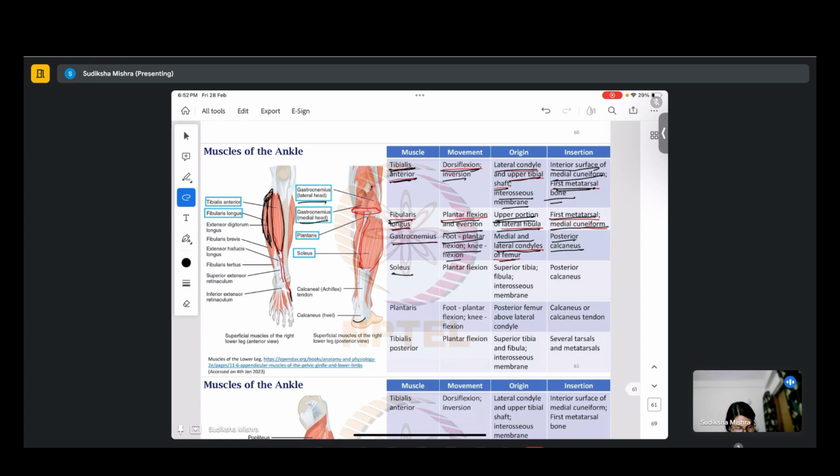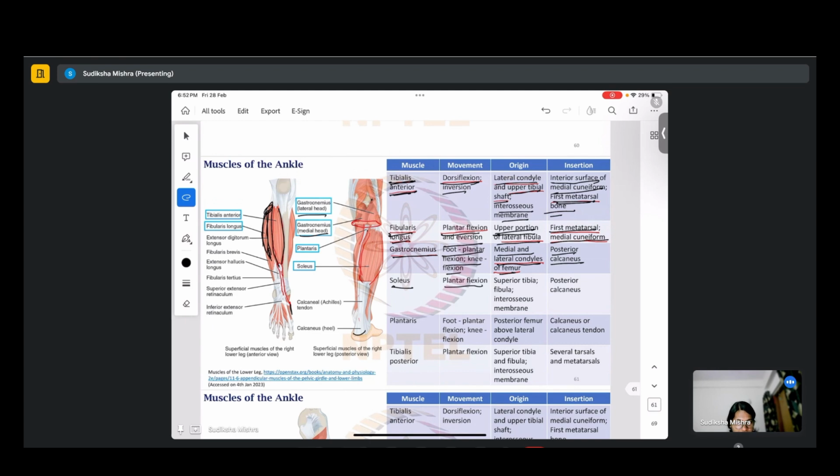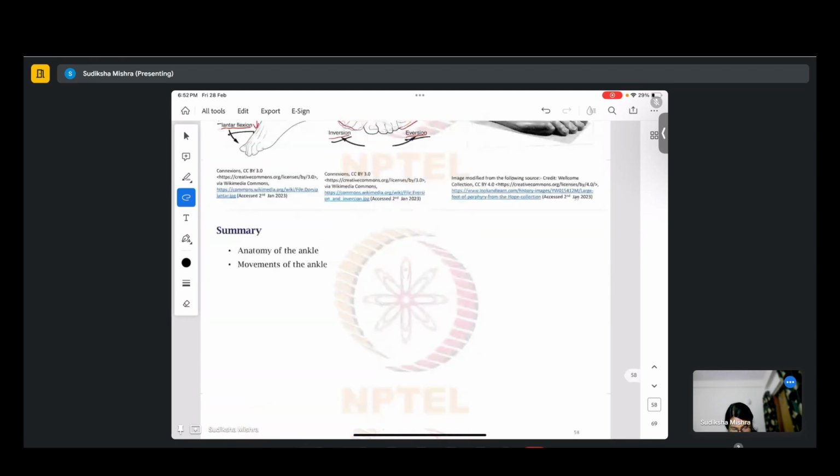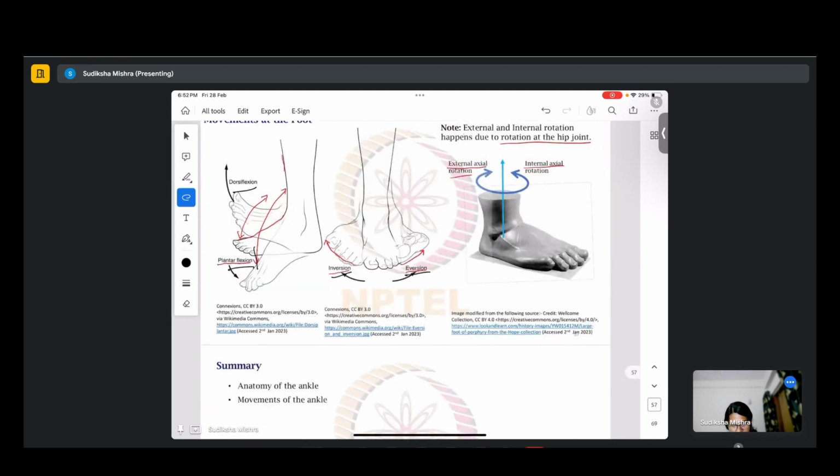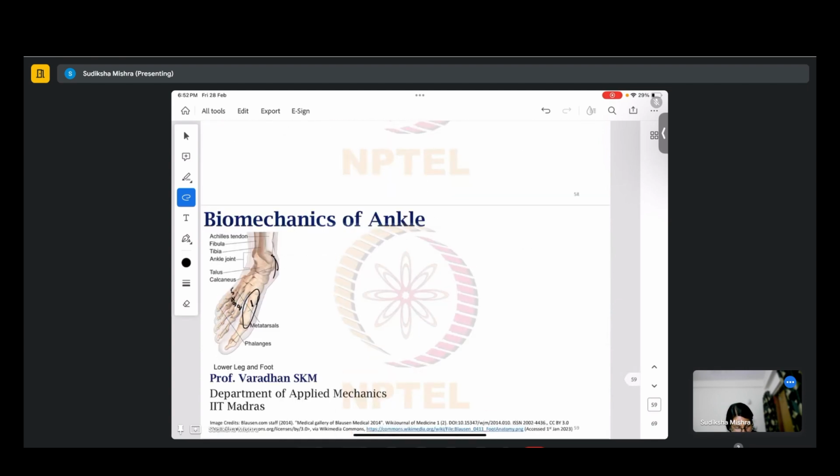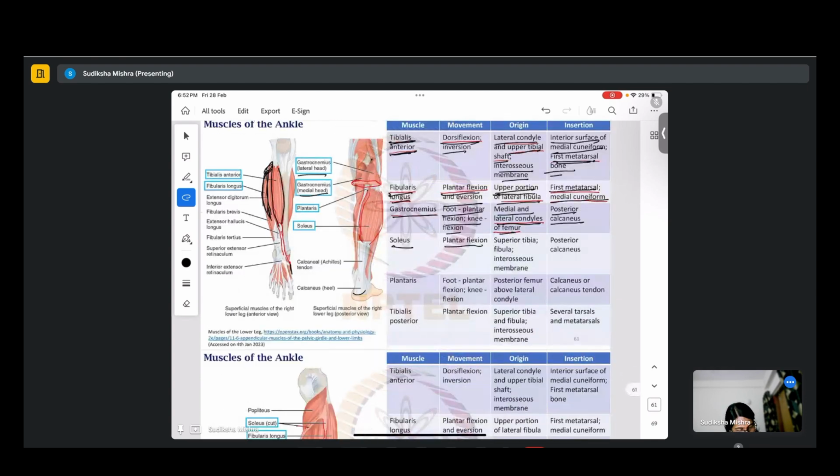Next is the soleus muscle, which is responsible for plantar flexion, which is basically turning the foot downwards. This originates in the superior tibia and fibula, so in the upper part, just below the knee, and it inserts into the calcaneus again here.